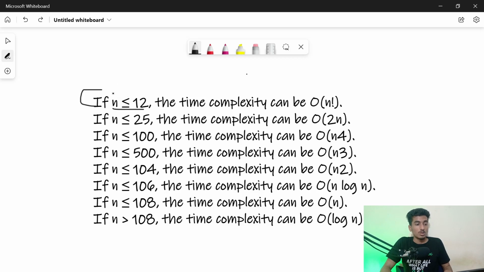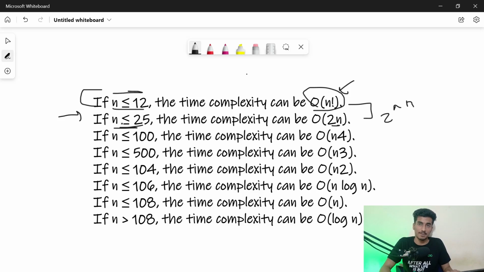If the value of your n is less than or equal to 10, then you can write some algorithm that will run in O of n factorial. And if the value of n is lesser than or equal to 25, then you can write some algorithm that will run in O of 2 to the power n. That is the exponential time complexity.